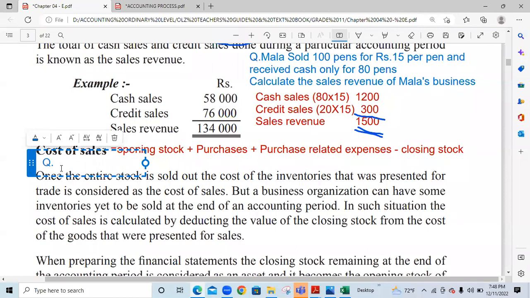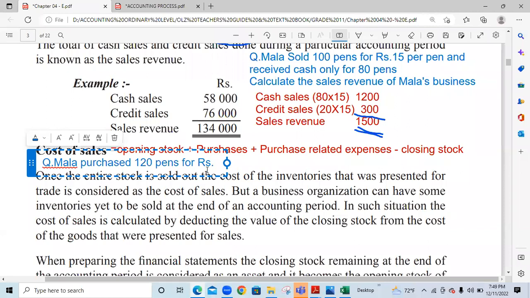Okay, don't write unless I tell you to start. Don't start. Okay, to sell, Mala purchased pens for rupees, don't write until I'm done.